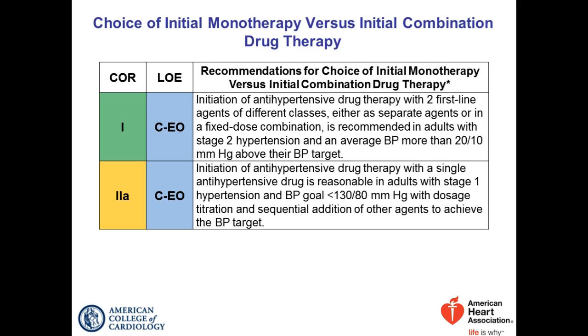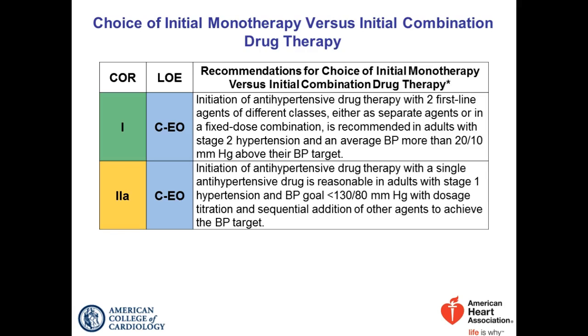The other thing that students always ask me is, should I start one drug at a time or should I start two? Because there are many combination drugs out there, we often have ACEs combined with a thiazide diuretic, and those are used by many. The recommendation is to go ahead with two agents.